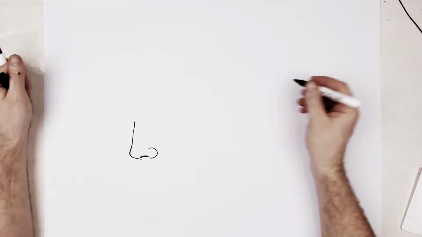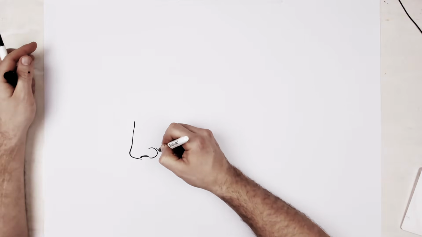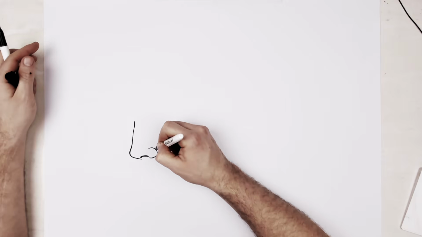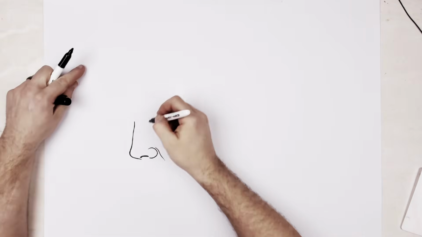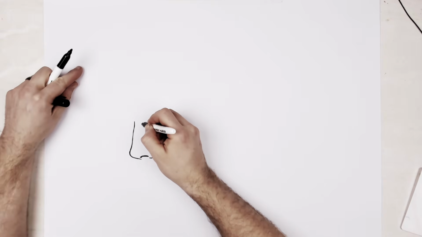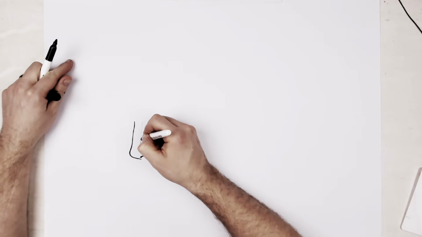Kind of like that. He's got like a bit of a cheek. He's got like high cheeks. Just a suggestion of that there. And maybe just a bit of the bridge of his nose, just lightly put in there, nothing major.